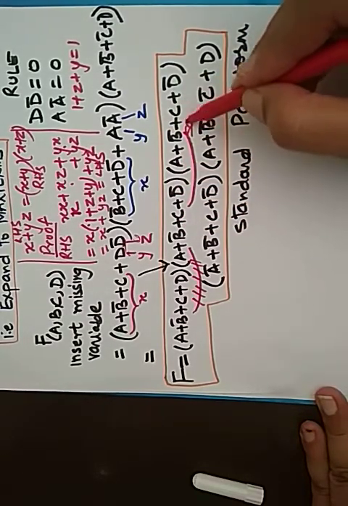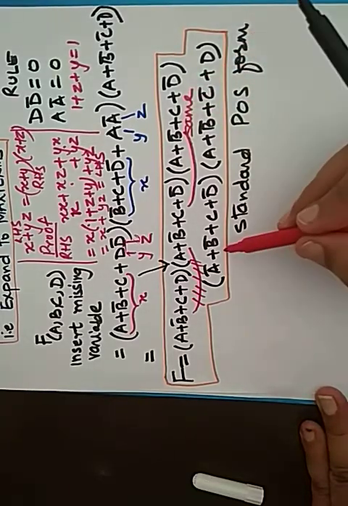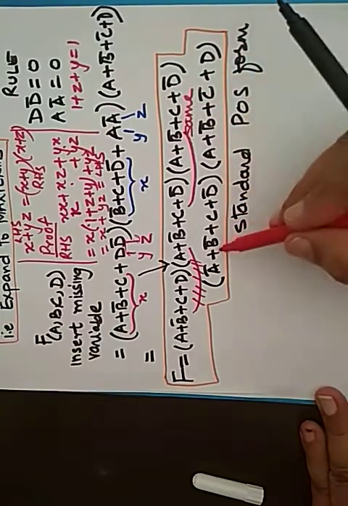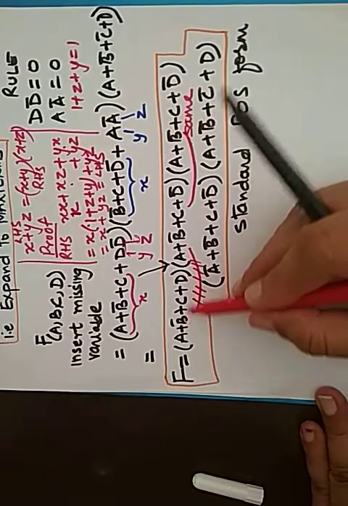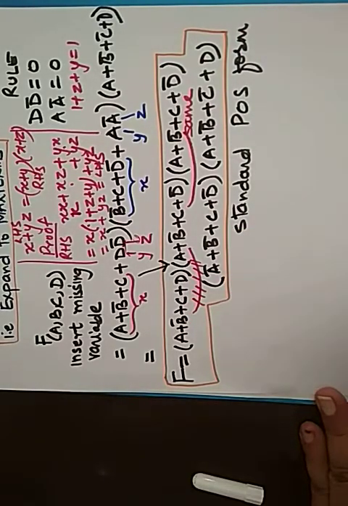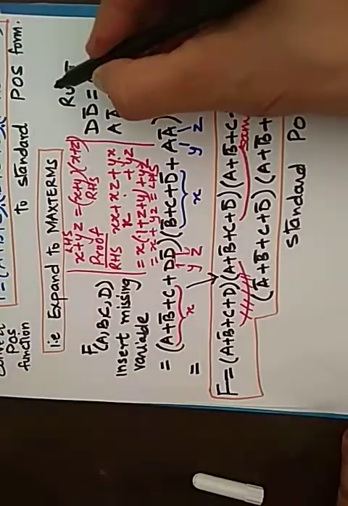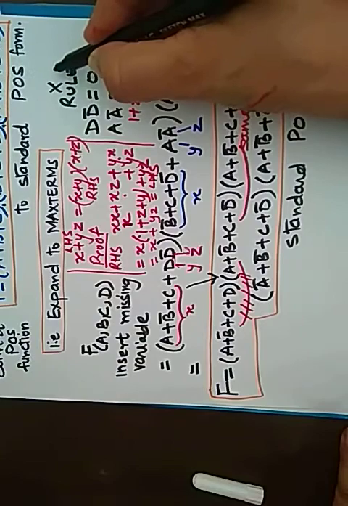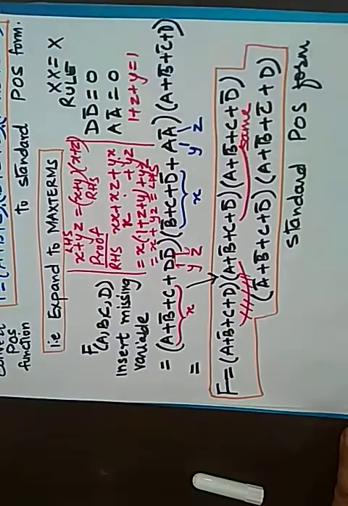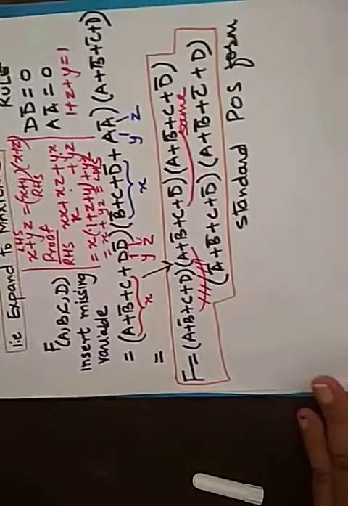So these two terms are the same. Any other term? This is different. This is different. So you have two terms which are the same, and we know that the same terms can be written only once, the rule is x into x will be nothing but x.